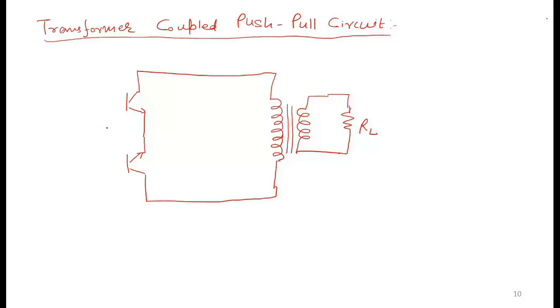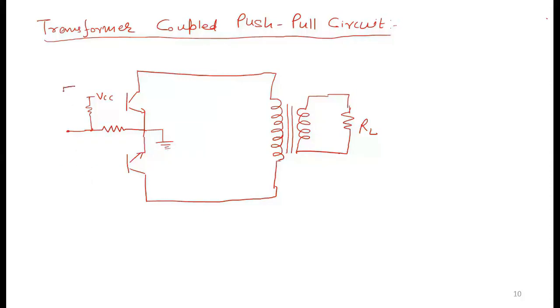Now for proper biasing, here we will connect the transformer as we discussed earlier. This is the center tap transformer. We will draw it again.